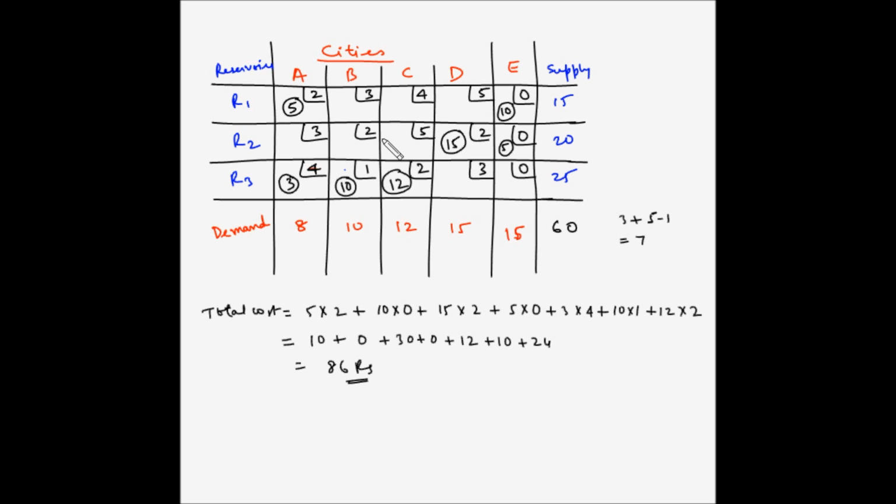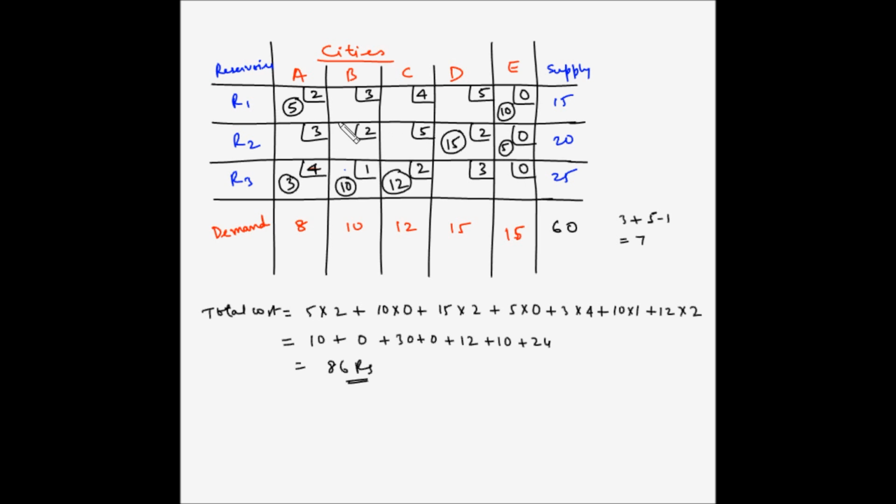Now one very important observation here is that after the first iteration, the solution that we got is not a degenerate solution. So let's recall what happened here. Earlier, the basic feasible solution had no allocation for R1A, it had an allocation for R2A, and there was no allocation for R2E. Because of that, the number of allocations was coming to 6, while m plus n minus 1 is 7.